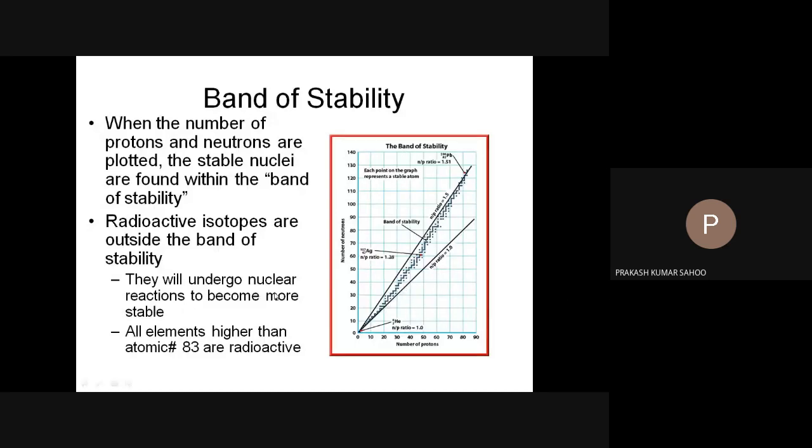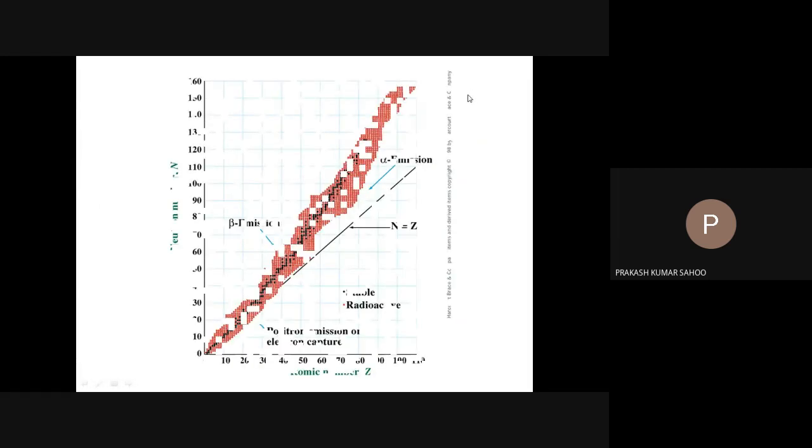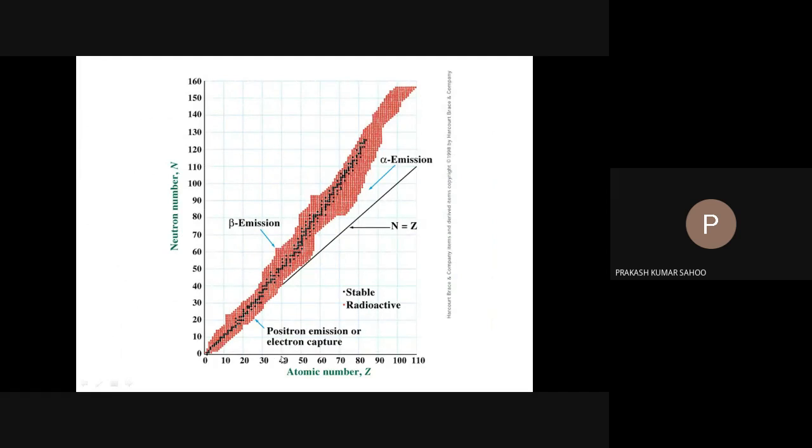That's why they undergo nuclear reaction, that is, a reaction of the nucleus to become stable. All elements higher than atomic number 83 are radioactive. This is in general: above atomic number 83, all the elements are radioactive, that is, they are relatively unstable.